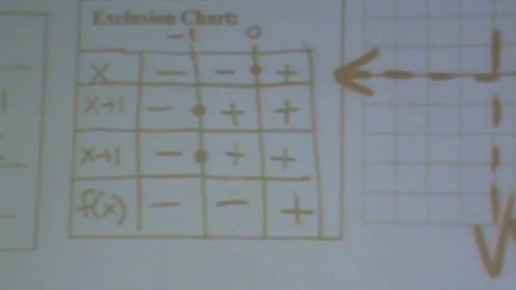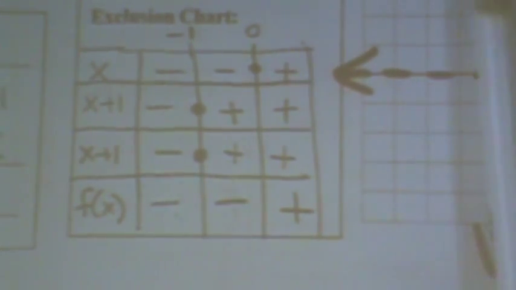Okay, this is an interesting one. From negative infinity to -1, you're in the negative region. So look at your graph right here. Where are you limited to? Right there, in that little corner here. So what you're going to do is draw this right here.